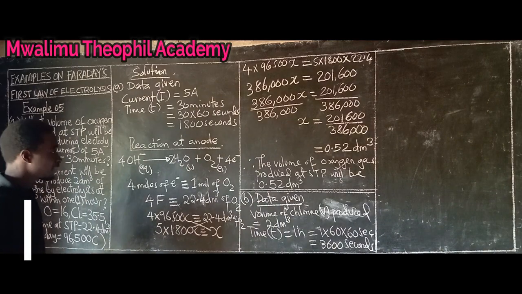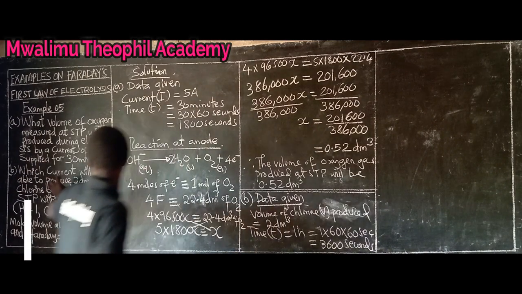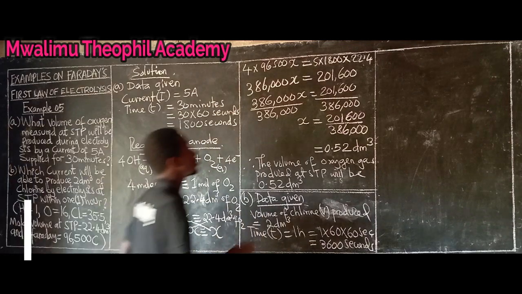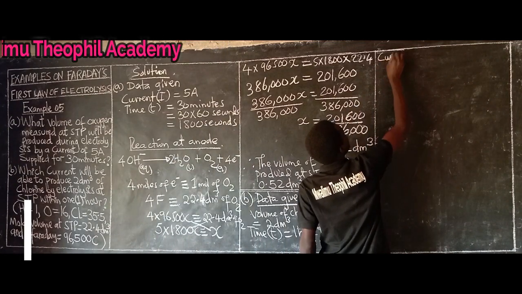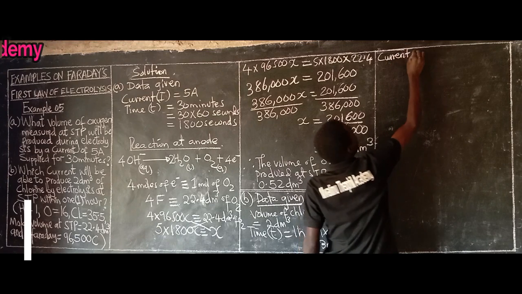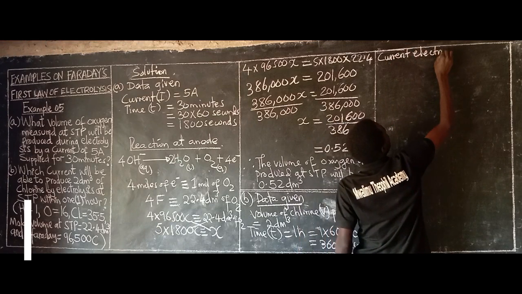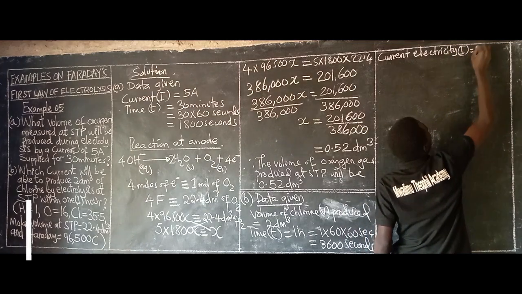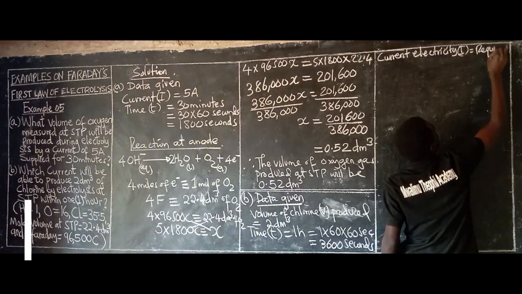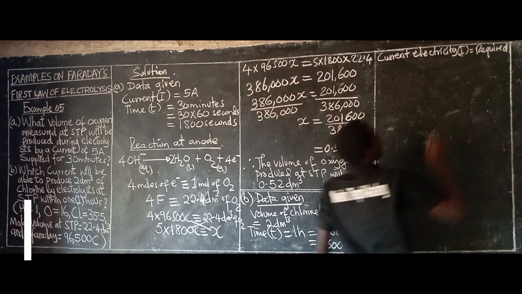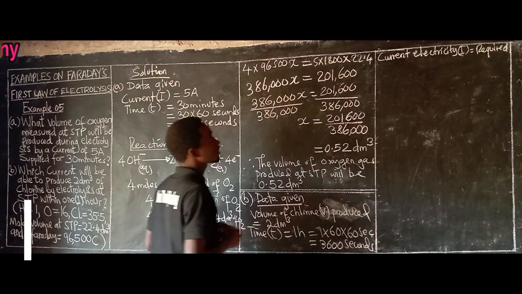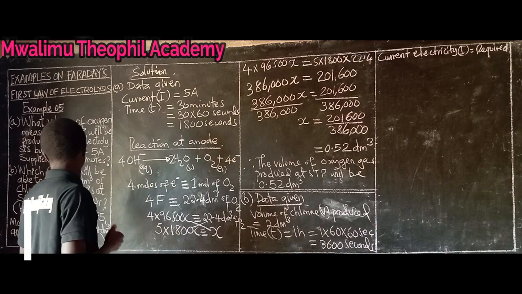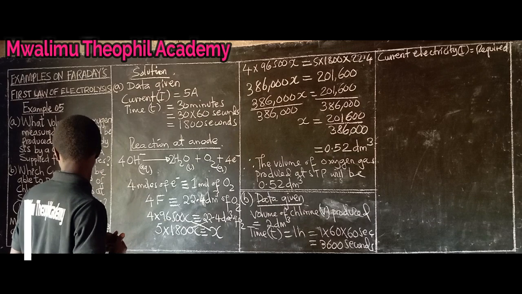Another data required here is the electric current, and in this question we are asked to calculate the current required. So the current I is the required value. We are required to calculate the amount of electric current required for this electrolysis to take place.